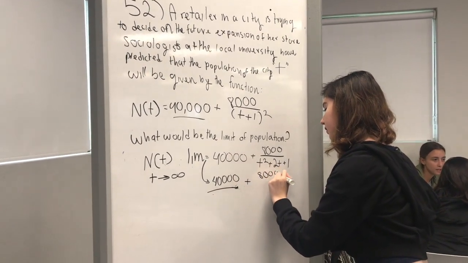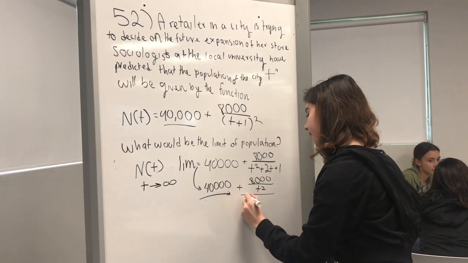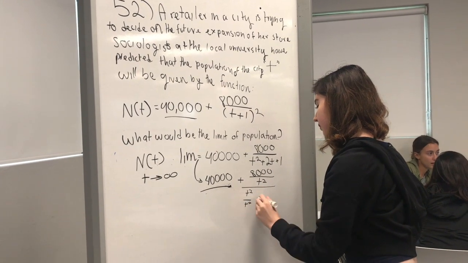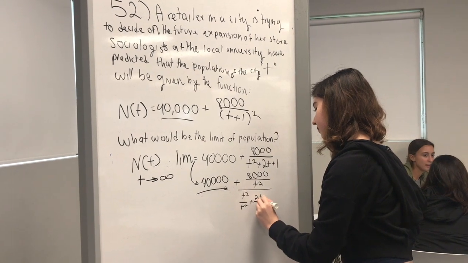So it's gonna be 8,000 t squared over t squared, and t squared over t squared plus 2t over t squared plus 1 over t squared.